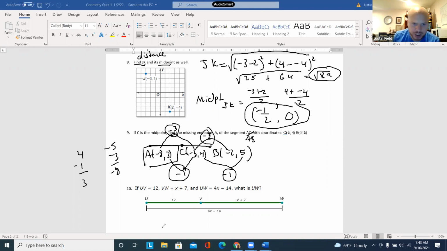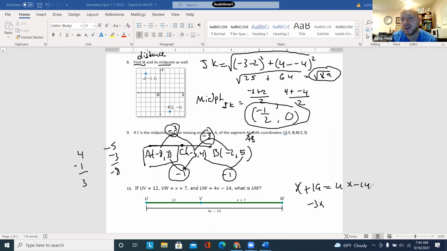And the last question, UV equals 12. Yes, okay, it's all set up. So let's do this a quick way, the Camille way, the way she did it on the board. 12 and 7 is 19. And that's 4x minus 14. Get our variables on the left, it's going to be negative 3x.